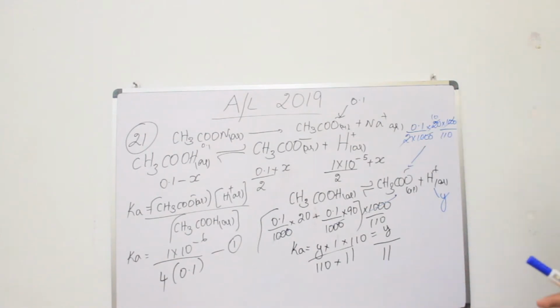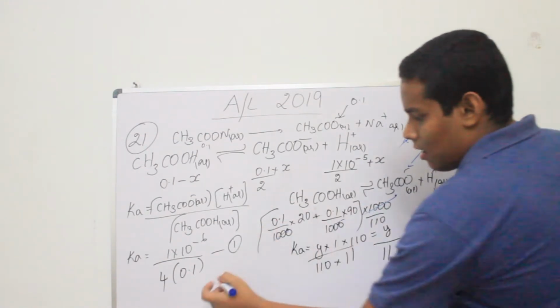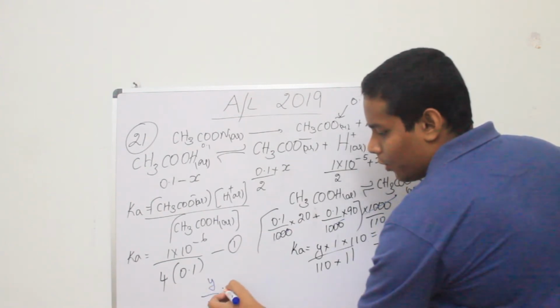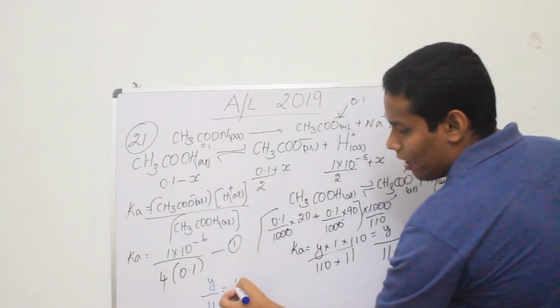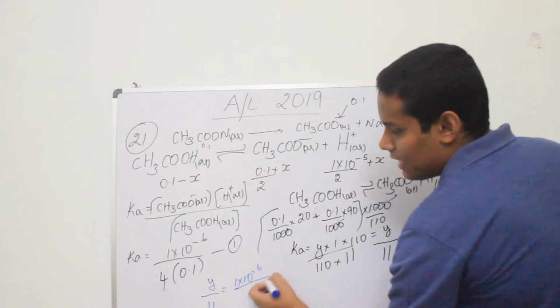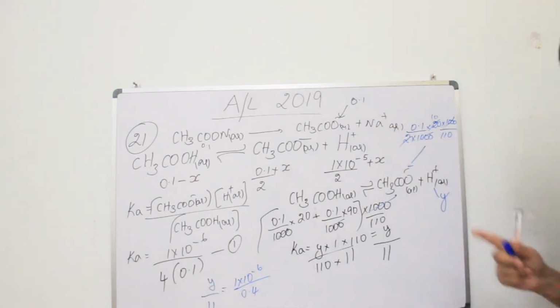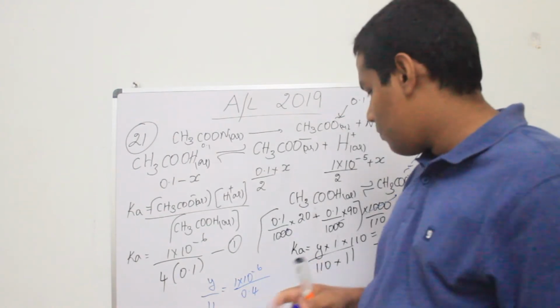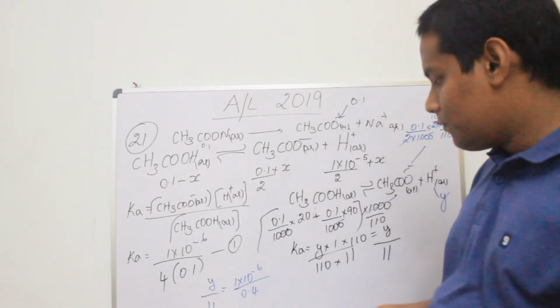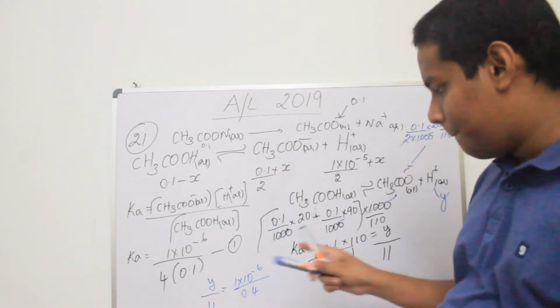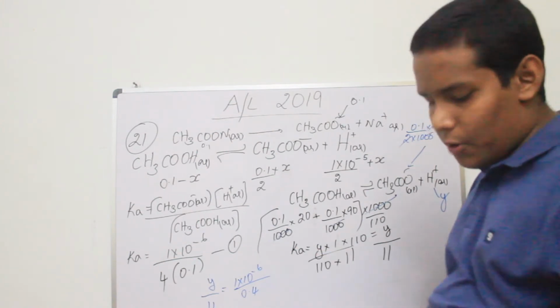So if I equate these two, Y over 11 equal to 1 into 10 to the power minus 6 divided by 0.4. So this is 4 into 10 to the power minus 1.